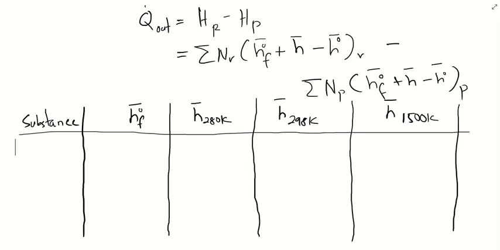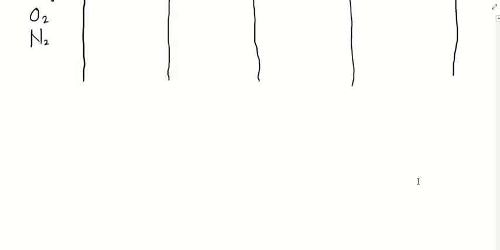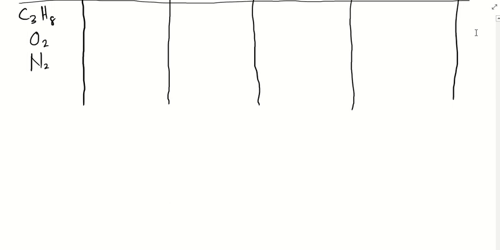Right, nice. Okay, next we list out the substances. First is the fuel, which is C3H8, and then the oxygen, part of air, and then the nitrogen, and then we have H2O.